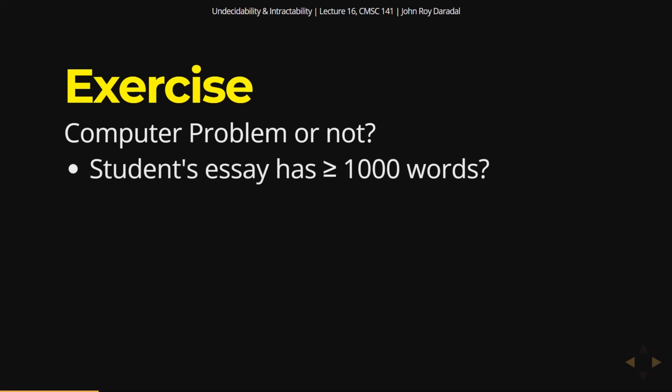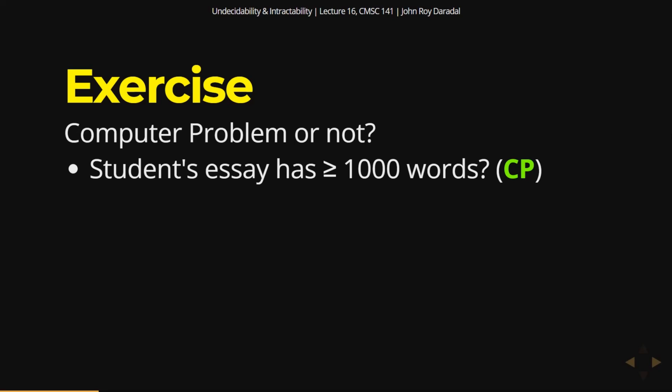Student's essay has at least 1,000 words. So checking if a student's essay has at least 1,000 words. Do you think this is a computer problem or not? Well, it is, because you can just count the number of words in the essay, right?